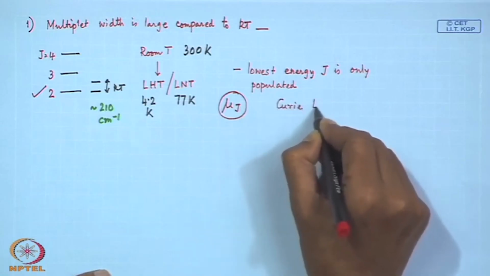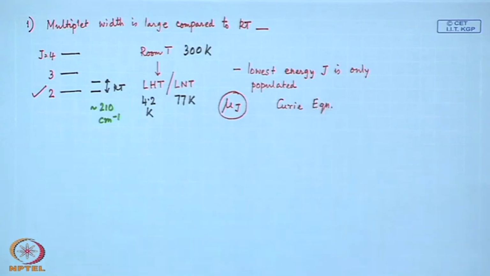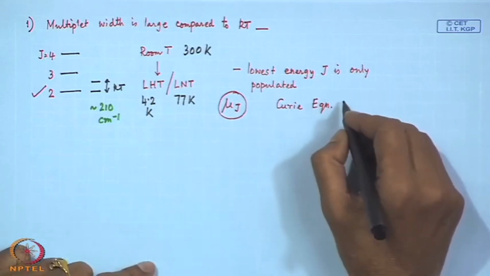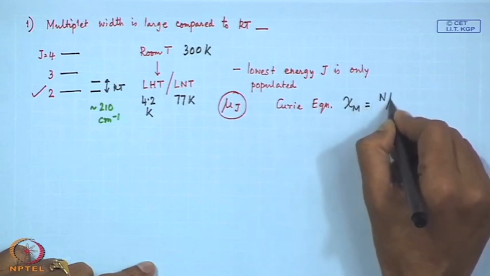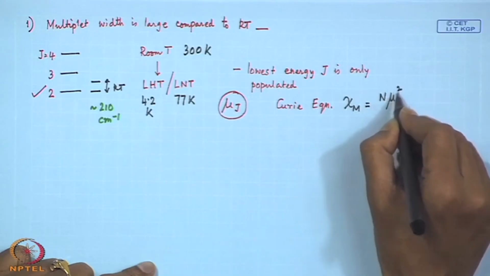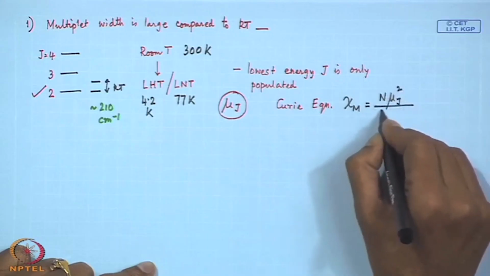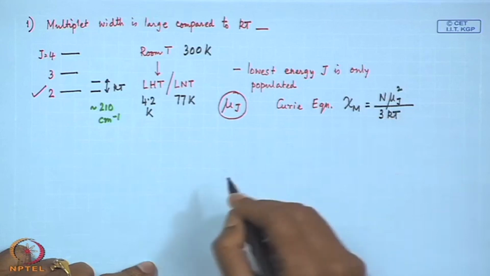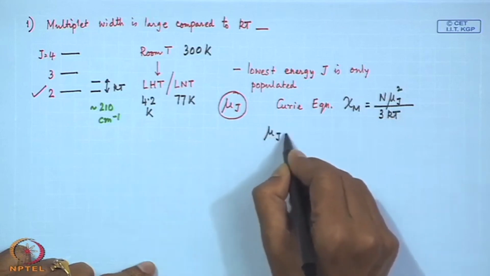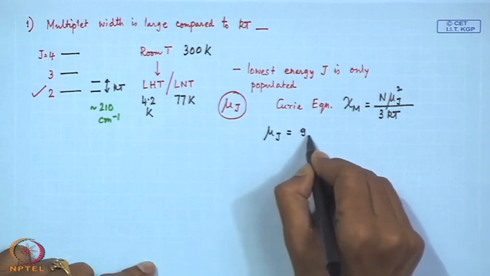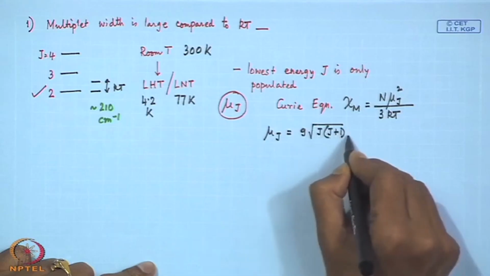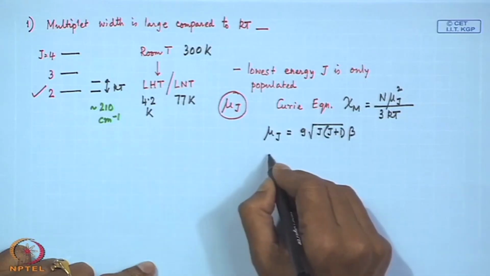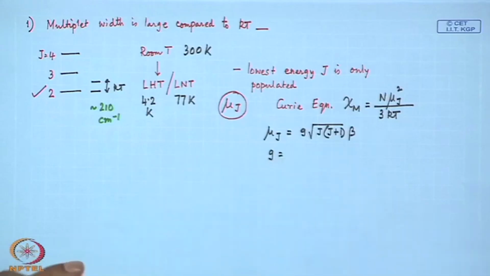Now the Curie equation will take the form in terms of mu J: chi m equals N mu J squared divided by 3kT, where mu J is equal to g times the square root of J into J plus 1, times beta, where g is the gyromagnetic ratio.